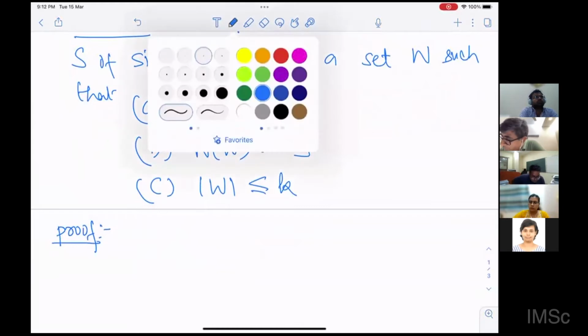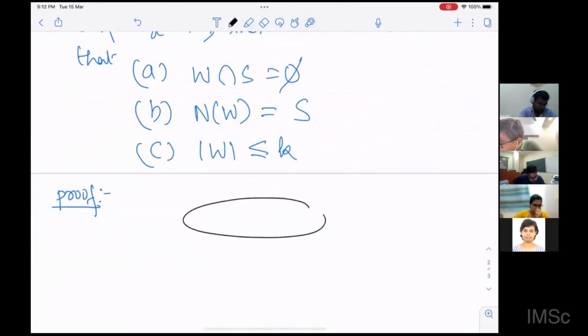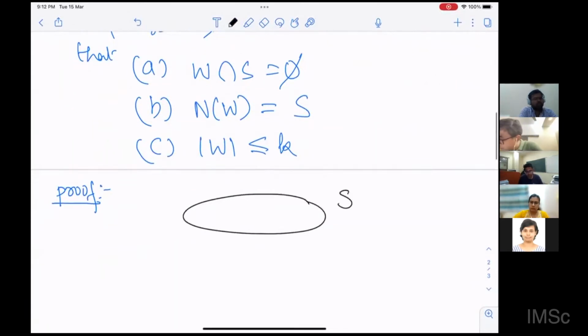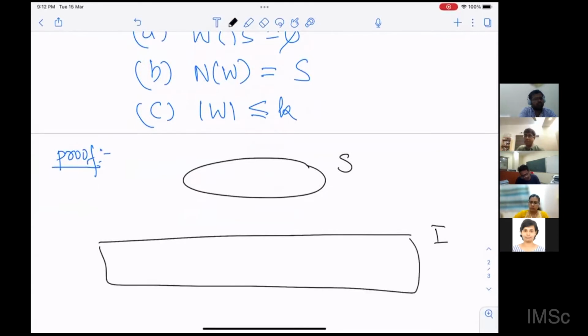Let's see the proof by picture. Suppose I do have an S, which is a minimal vertex cover of size at most k. Look at a set I, which is an independent set.